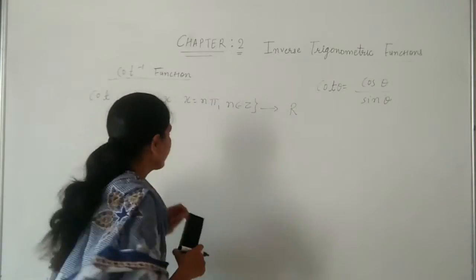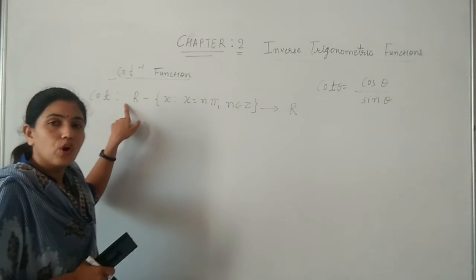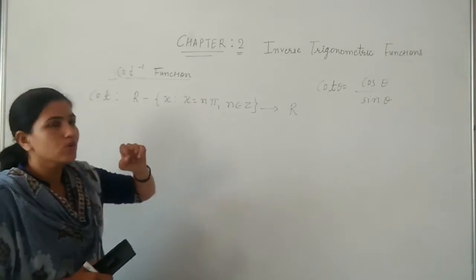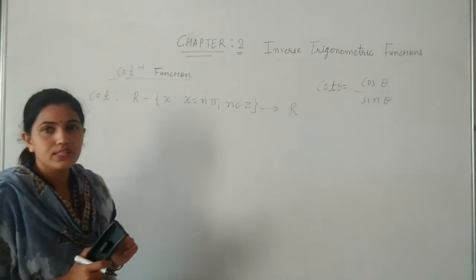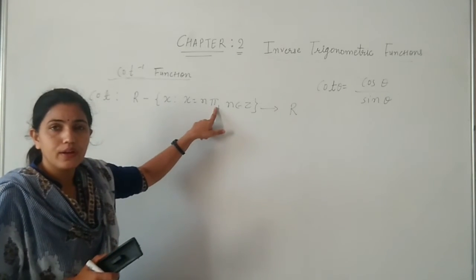So whenever we are defining our cot function, the cot will take the value from all the real numbers, only the zeros of the sin function will be minus. That is R minus x, where x is equal to n pi.